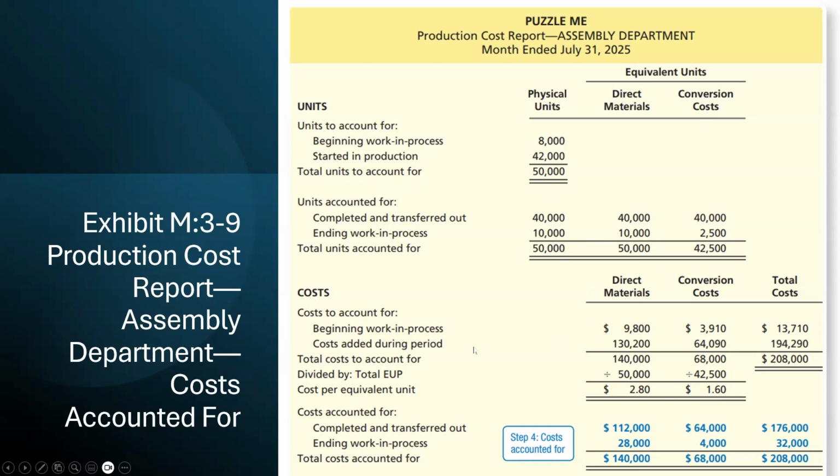Under costs, you have direct materials, conversion costs, and then total costs. And again, step 4, costs accounted for. So for the direct materials, you have $140,000, conversion cost, $68,000, and the total cost is $208,000.